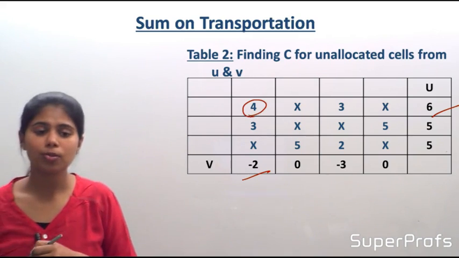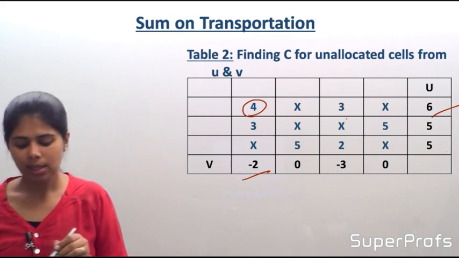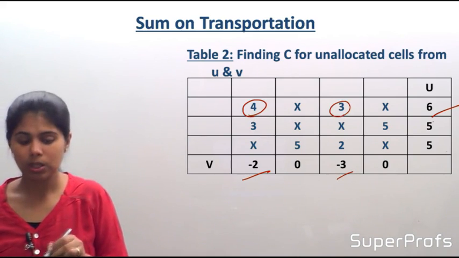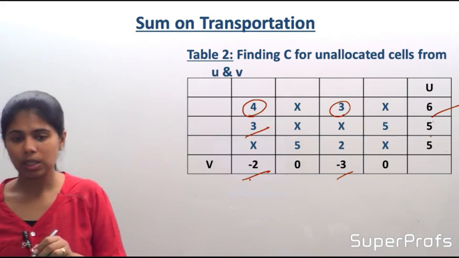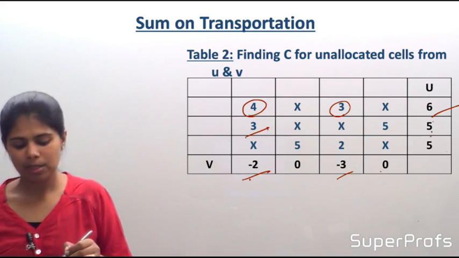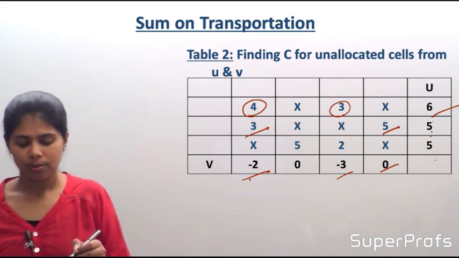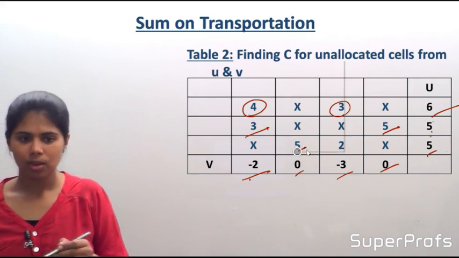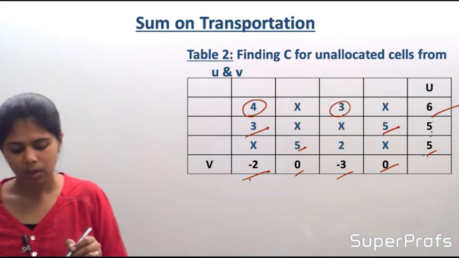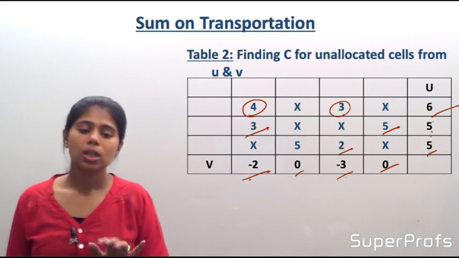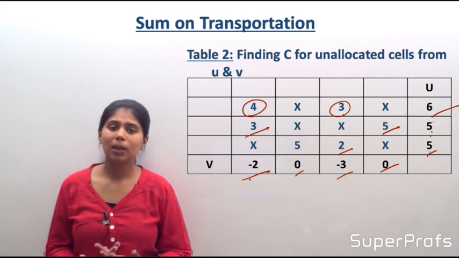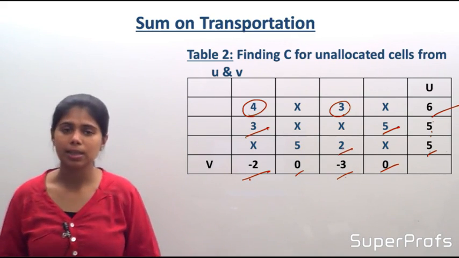So this becomes 4. On this cell, 6 and minus 3, this becomes 3. 5 and minus 2 becomes 3. 5 plus 0 becomes 5. 5 plus 0 is 5. And 5 minus 3 is 2. So this is how you get U plus V for unallocated cells in table 2.